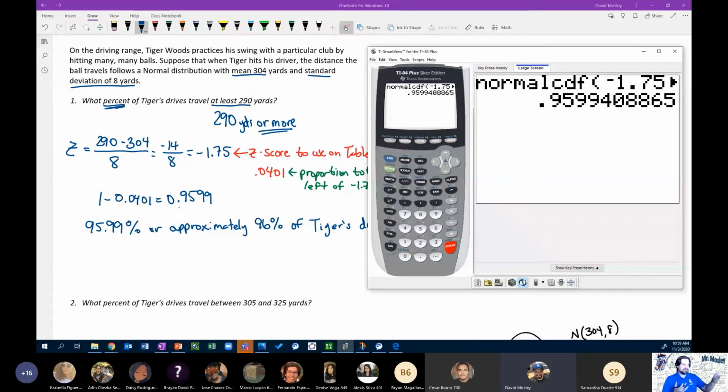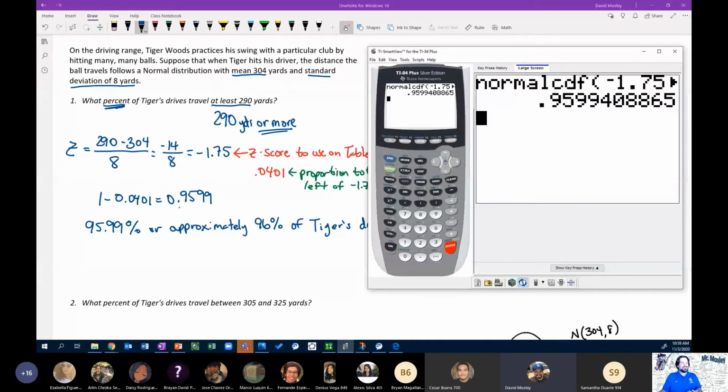Now we need to be able to do this work that we've shown here because most likely on an AP exam, they will ask you to show your work on how you got that proportion. The calculator in this case can serve as a way for you to have confidence in your answer, right? So that you're like, oh yes, I did this properly. I have the same thing that my calculator has. I verified my response here.